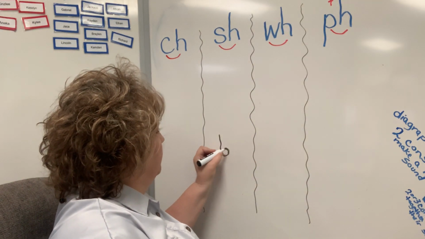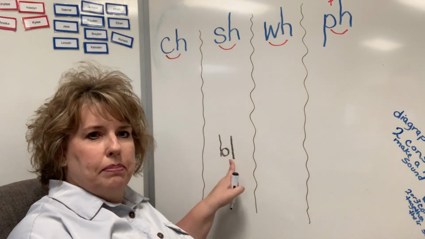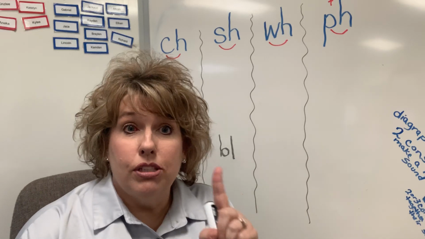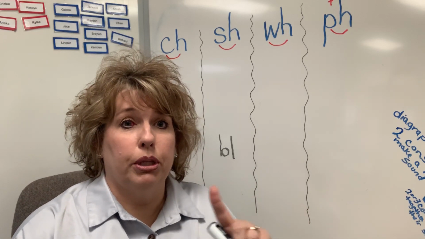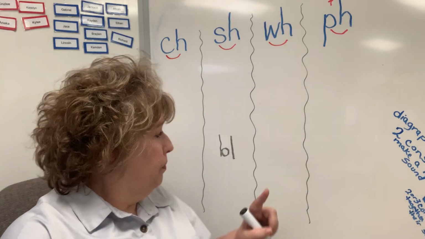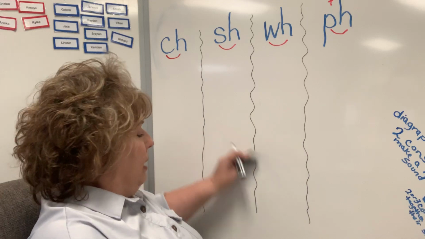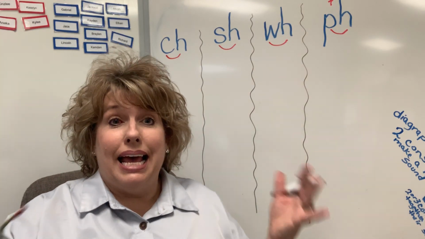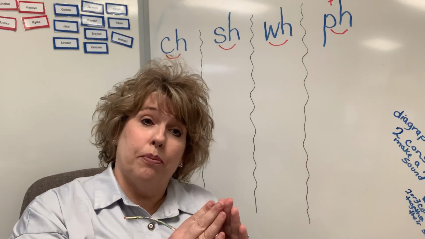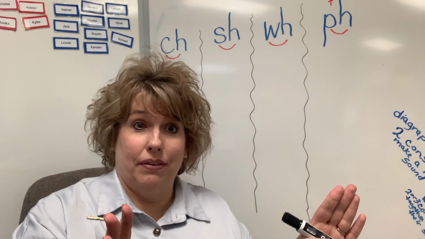Miss East's writing is wavy. B and L come together and they keep their sounds. B, ul, bull, bl, blue, remember? Bl, they keep their same sound. But in a diagraph, it's two consonants, and when they're together, partnered together, they take on a new sound.